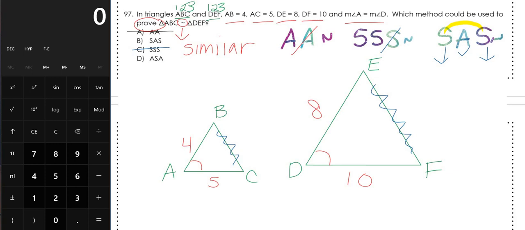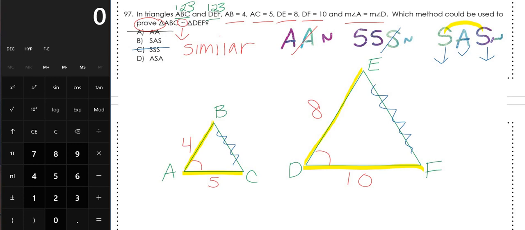So for angle A, AB and AC make up angle A, so it includes angle A. For our second triangle, DE and DF make up angle D, so they include angle D. So our side length values are in the positions that I want them to.